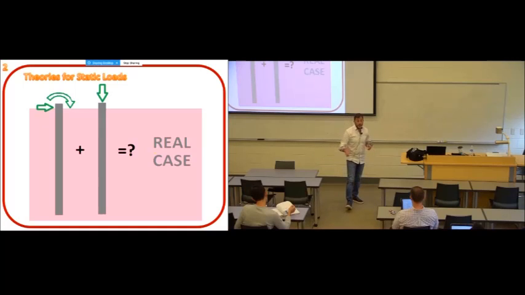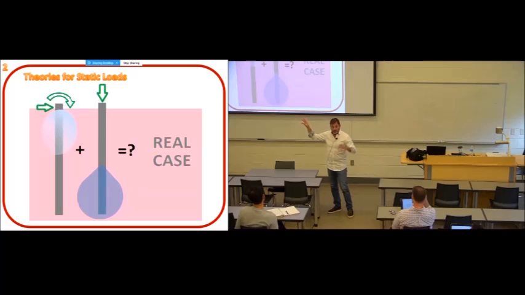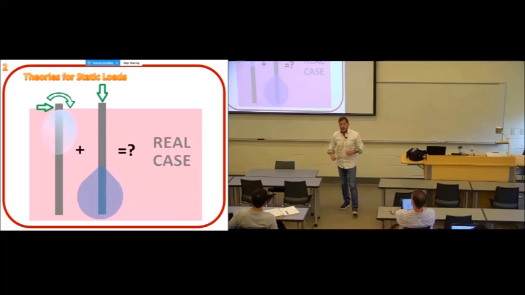That's not true. But what is saving us in piles is the fact that when you load the pile laterally, you are involving the top layers of the soil: 1 times diameter, 2 times diameter, 3 times diameter, depending on the soil, and maybe 4 times diameter in soft material.